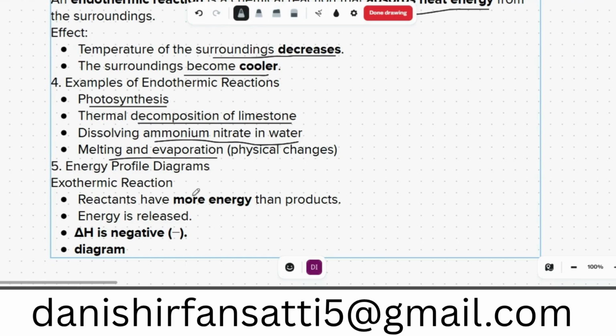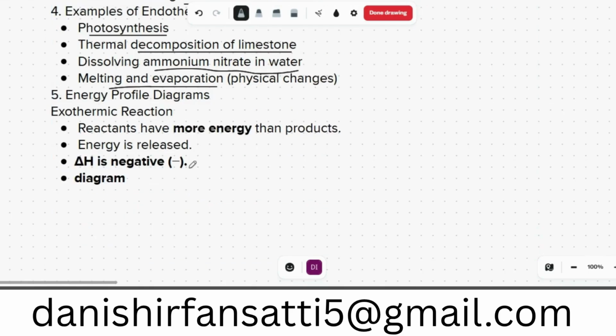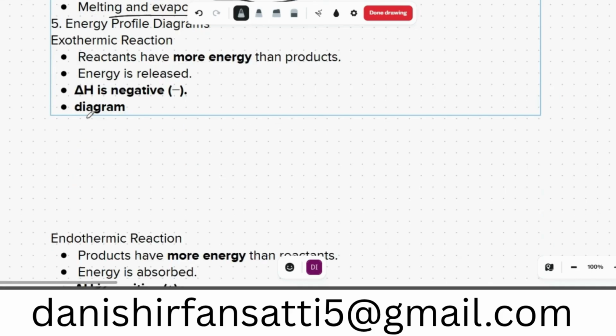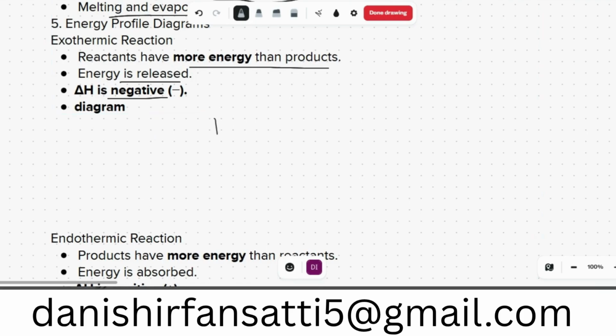Exothermic profile diagram. In an exothermic reaction the reactants have more energy than the products. Energy is released, so delta H is negative. We are going to draw a diagram.